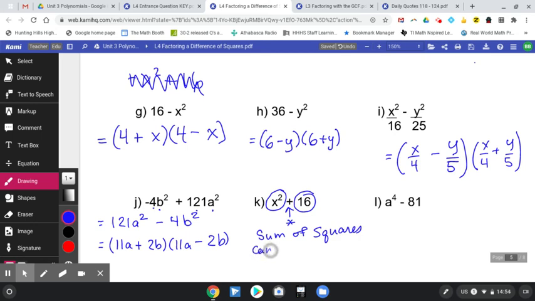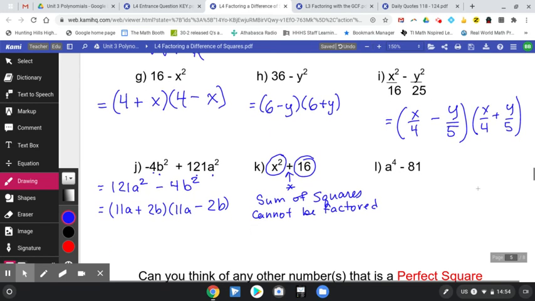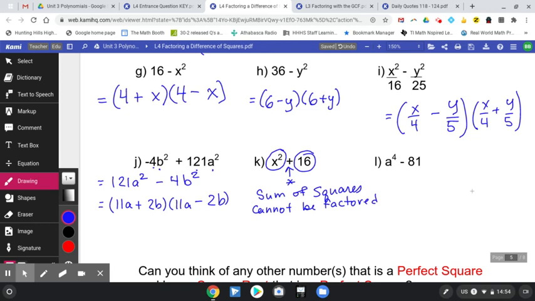And it cannot be factored. If there was a common factor here that I could pull out, then I would be able to factor it, but there's no special factoring for a sum of squares. So we say this is prime. So don't be fooled by that one.